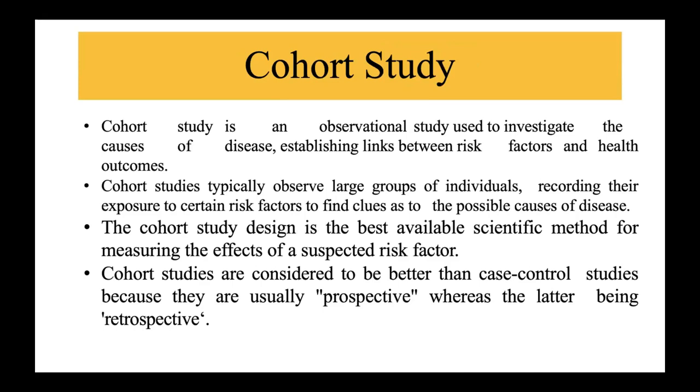Another important study is called the cohort study. To understand what the cohort study is, this is a longitudinal study. Some people say cohort is an observational study used to investigate the cause of the disease, to establish the link between the risk factors and the health outcome. Very well. The risk factor and the health outcome.